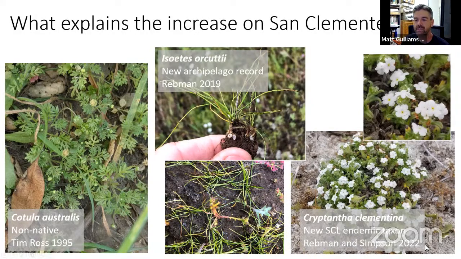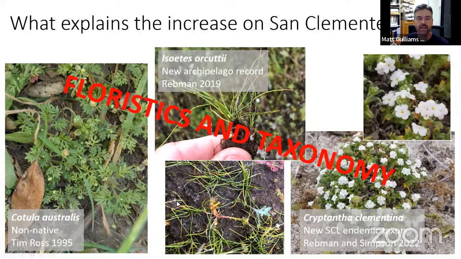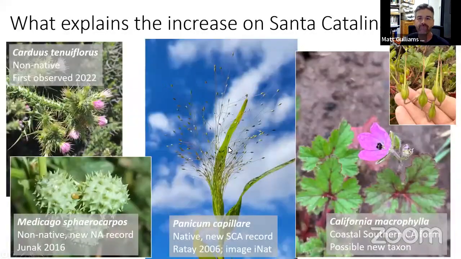In fact, he and Mike Simpson in 2022 created two new San Clemente Island single-island endemic taxa in the genus Cryptantha, and clementina is one of them. Sorry, that's a little bit of a garish color as I'm looking at it, but I just want to point out that this is floristics and taxonomy resulting in our changing knowledge and appreciation for the flora of this island.